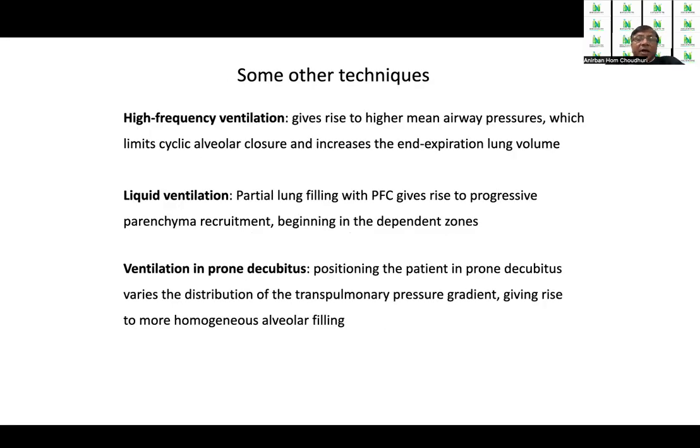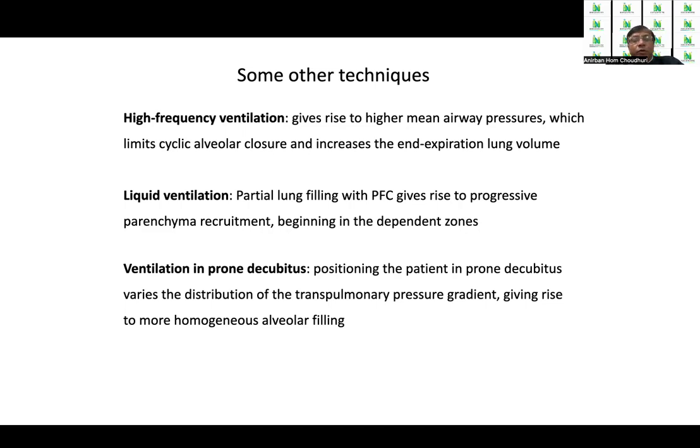But there are also some other techniques, ones that include high frequency ventilation, which gives rise to higher mean airway pressures, which limits the cyclical alveolar closure and increases the end expiratory lung volume. Liquid ventilation, that is partial lung filling with PFC, perfluorocarbons, gives rise to progressive parenchymal recruitment, and that begins in the dependent zones.